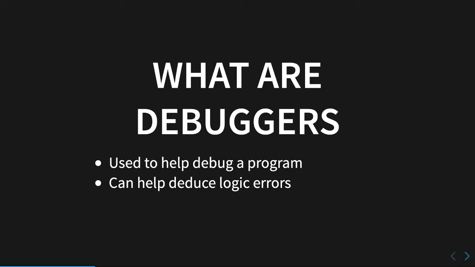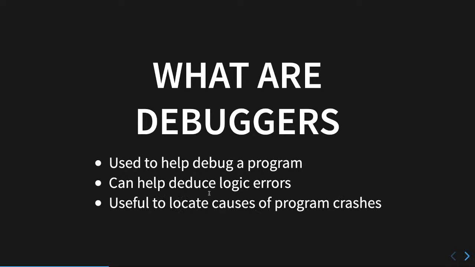You can just run it through your debugger and figure out what's happening without having to go back and comment out and delete prints. It's also really helpful to locate the causes of seg faults, because it will give you exactly where the program seg faults, so you can examine the state of your program right there and figure it out from there.